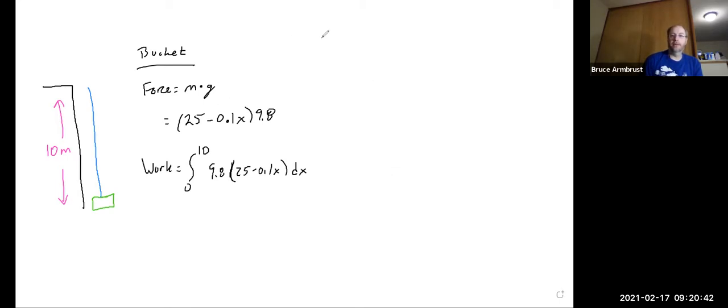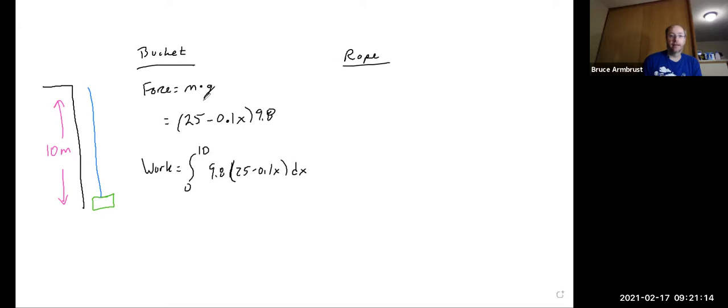All right, so then let's do the rope. Sorry, I was trying to minimize some windows here. For the rope, again, its work is going to be force times displacement. But what's nice is that we don't have to worry about the rope changing mass.